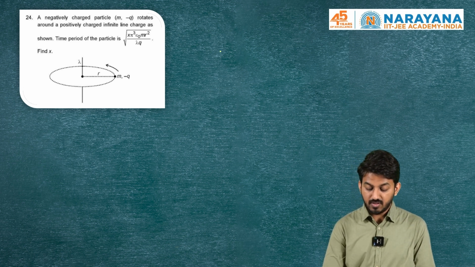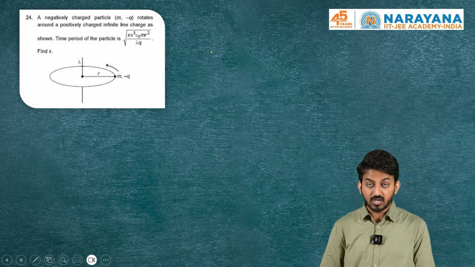So electron here we have, and we have a line charge if you see.